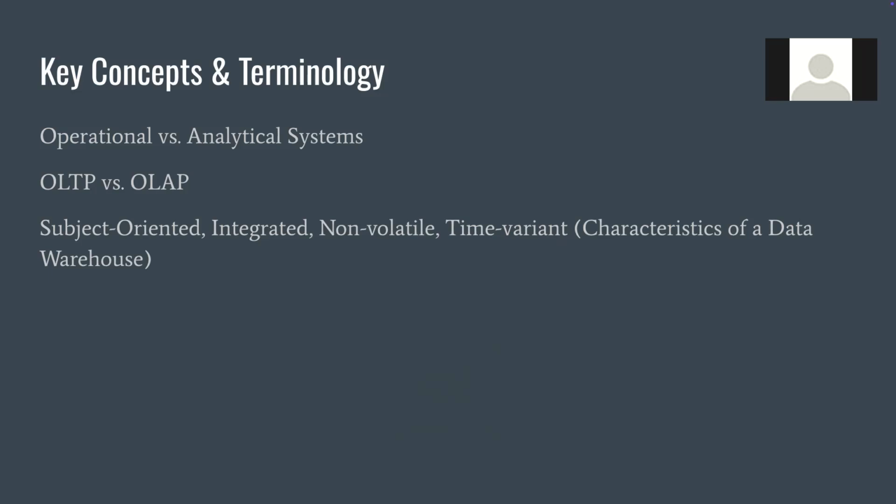What this means is data once entered is usually not changed or removed. It's mostly read-only for analytical queries. And lastly, a data warehouse is time variant. What they do is store historical data over long periods, enabling trend analysis and forecasting.